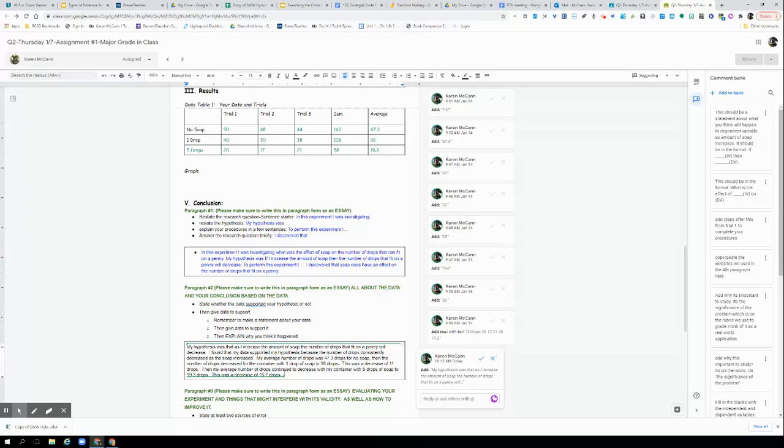All right, so I want you to follow the exact pattern that I used here, as long as your results agree with mine. You can change words here or there. This is kind of like your exemplar. So this is what I'm doing with you to show you how to talk about your data. Notice I included the exact numbers from my data table.